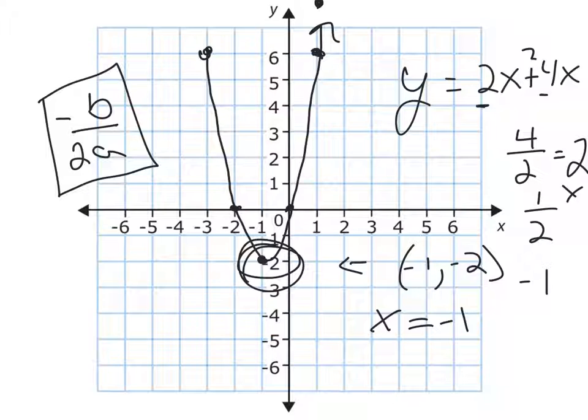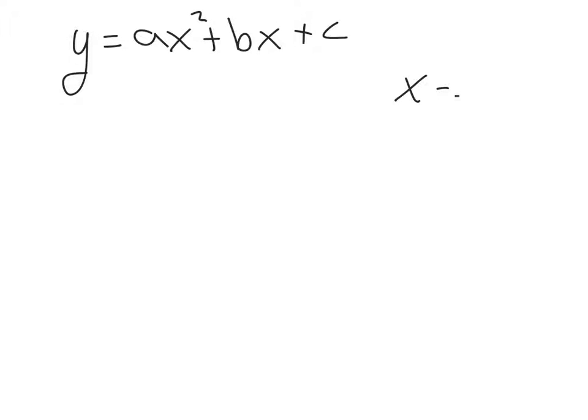All right, so let's test this out. So remember, we're dealing with this standard form. And we know that the x value of the vertex is going to be equal to negative b over 2a.